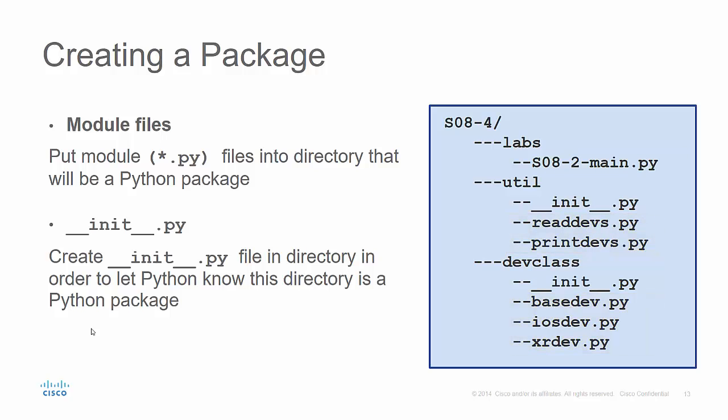In order for those folders to be considered packages, we have created init.py, which can be, in fact, an empty file in each of these folders. This signifies to Python that this directory should be considered a package.